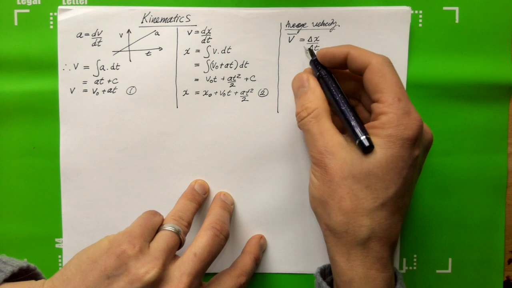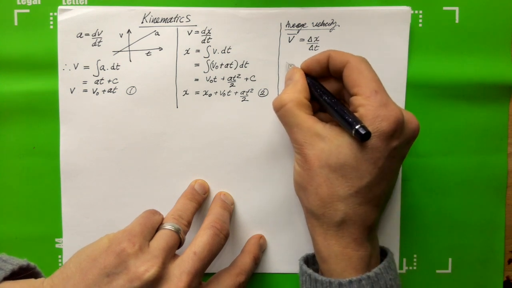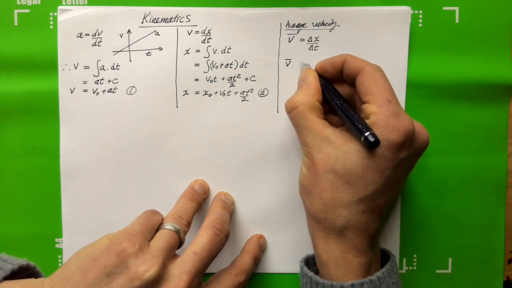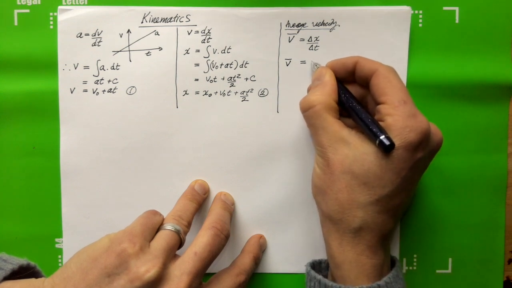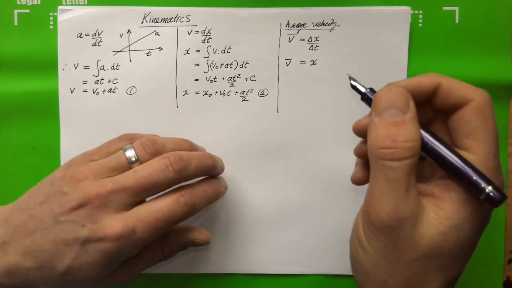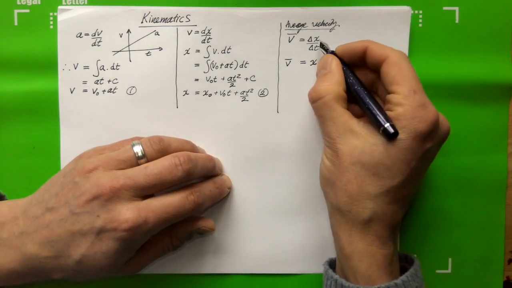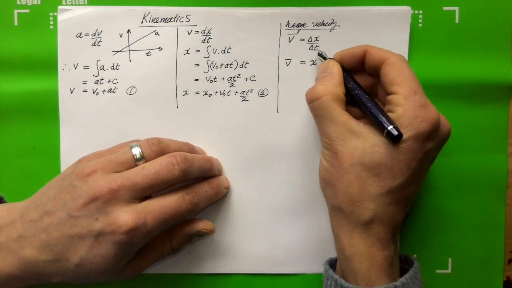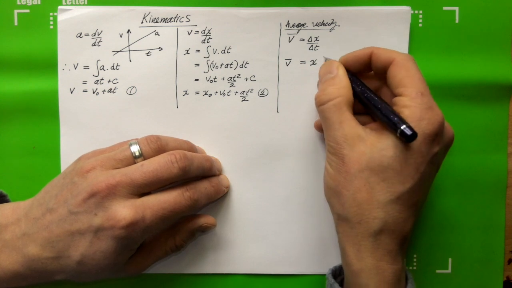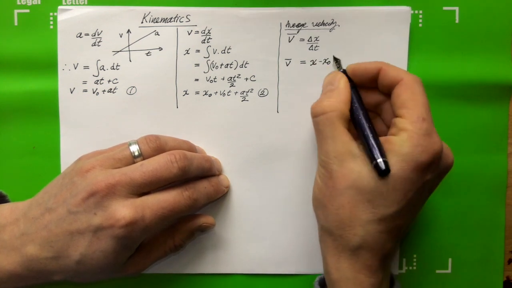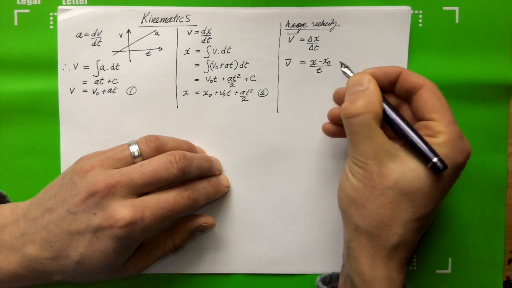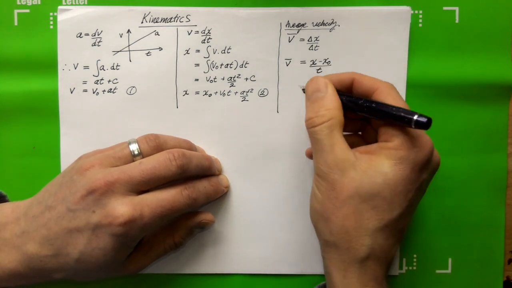So the average velocity is the change in position divided by the change in time. Change in position could be thought of as where do I end up minus where did I start, divided by the time elapsed. So that's the first definition of average velocity.